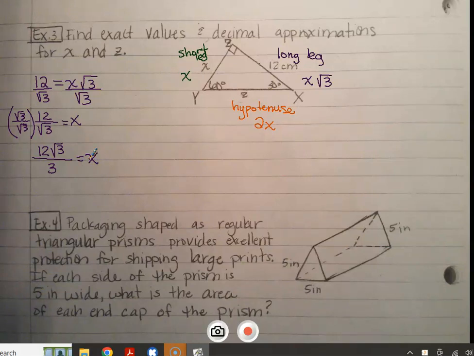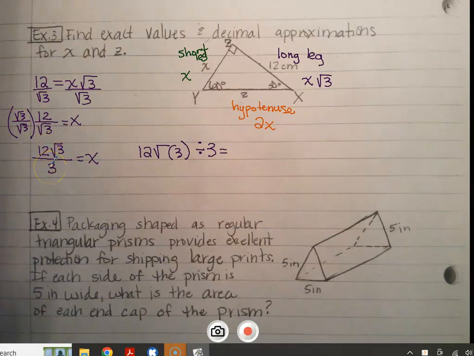Now we need that decimal approximation. So in your calculator, you're probably going to put in 12 and the square root symbol, and it gives you a parenthesis. Put the 3 inside there and close the parenthesis, and then say divided by 3 to get your answer. The other thing you could do, I didn't think about this, is you can cancel these, right?